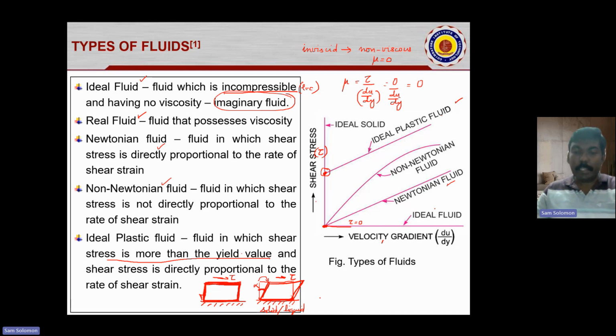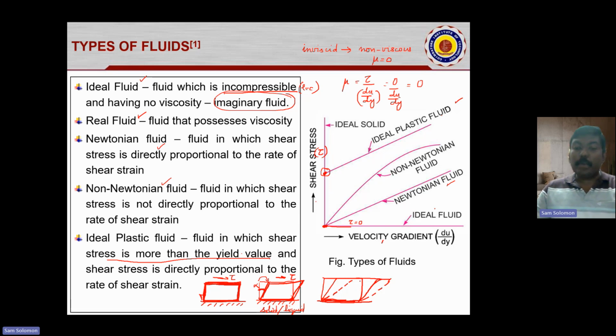Whereas if it is a liquid, initially I applied shear stress, it shifted to this new position. And now when I apply further shear stress, it deforms further. If it is a liquid, it is going to be deforming further.